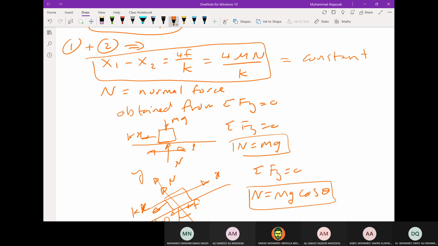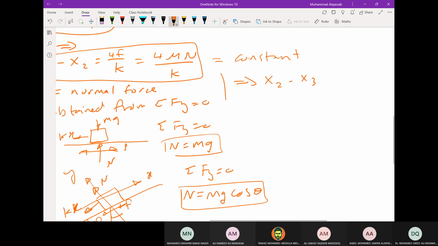So x2 minus x3 is equal to 4 mu N over k, and even x3 minus x4 is the same. So the characteristics of Coulomb damping are, first, that the frequency of oscillation is unchanged, equal to omega n, and second, that the difference between consecutive amplitudes is constant.